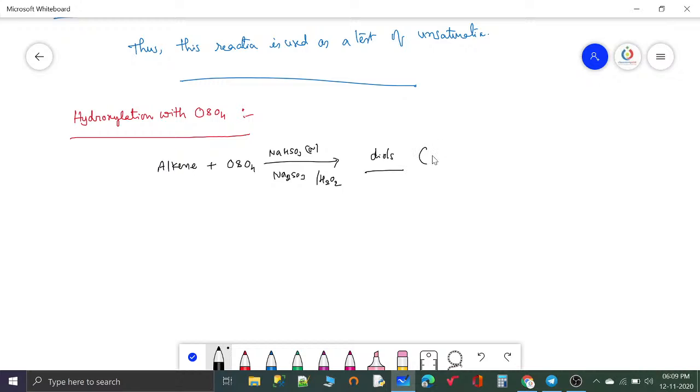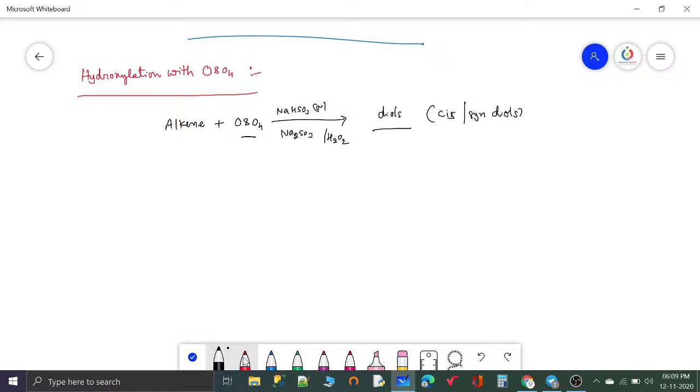These diols are the cis diols or syn diols. It means that in this reaction, the osmium tetroxide molecule adds both the OH groups to the alkene molecule from the same side. So we shall take some examples here.